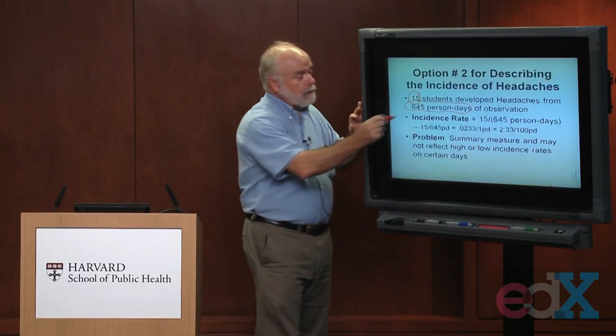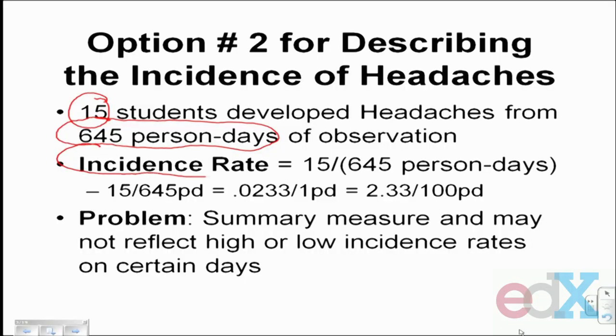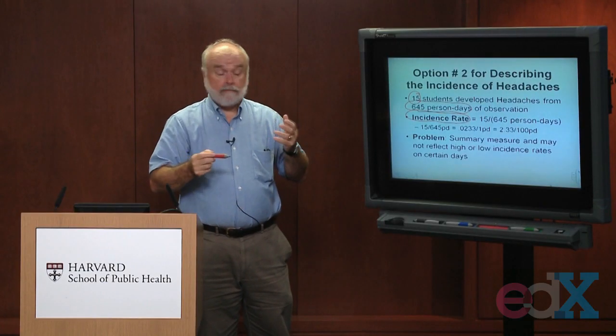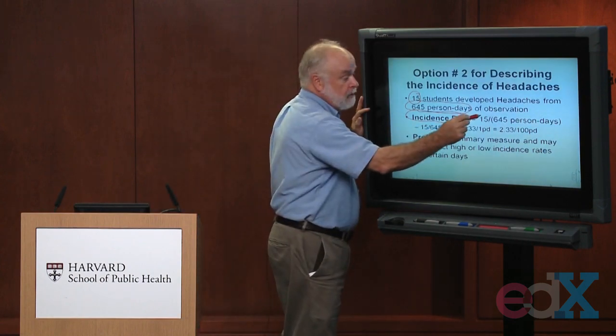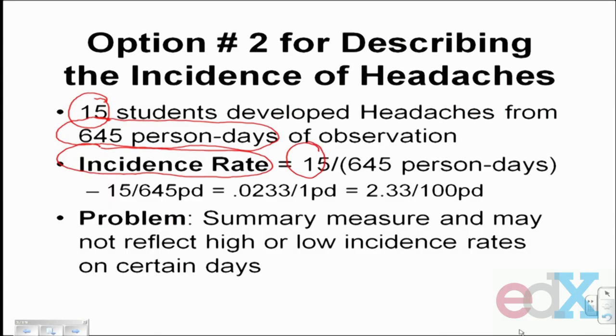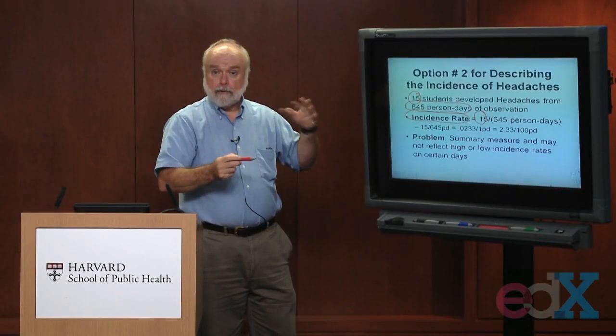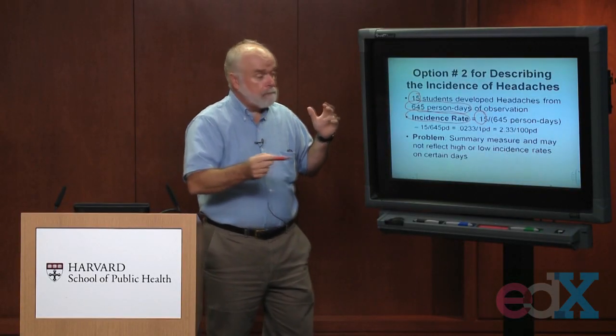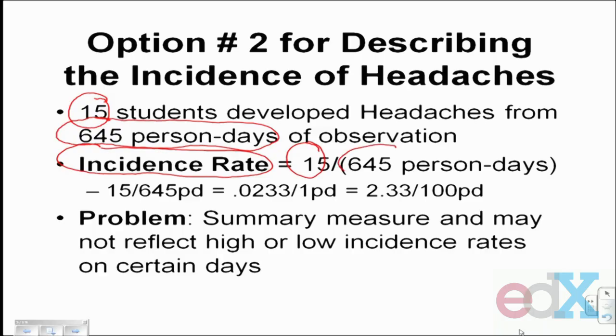So we can define something called the incidence rate as a ratio, something divided by something else. In the numerator we put the number of cases that developed, 15, but we're not putting that over a denominator of 100 people, we're putting it over a denominator of 645 person days.